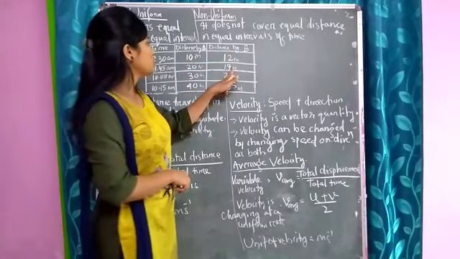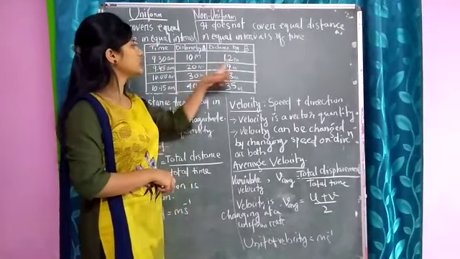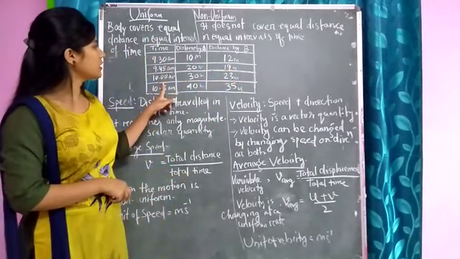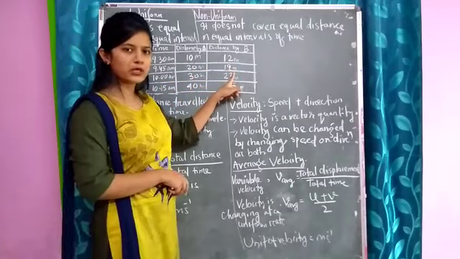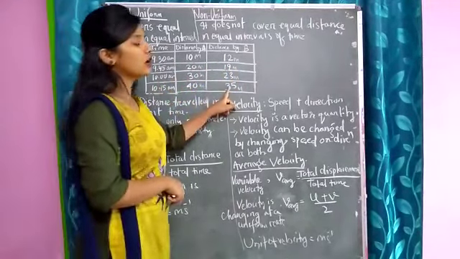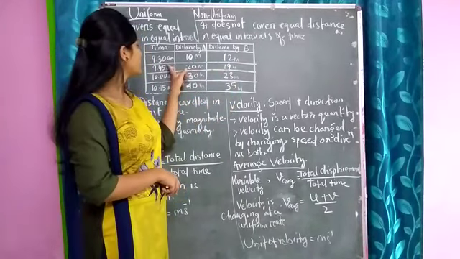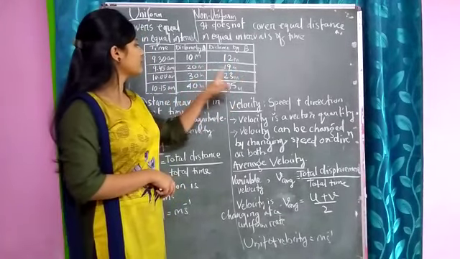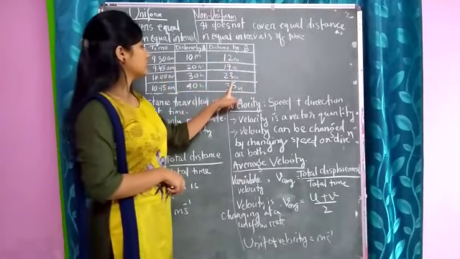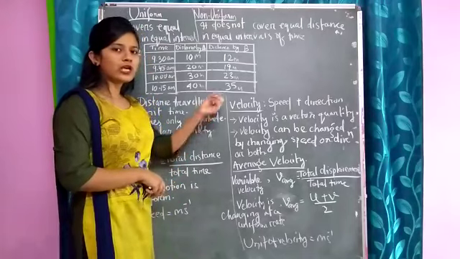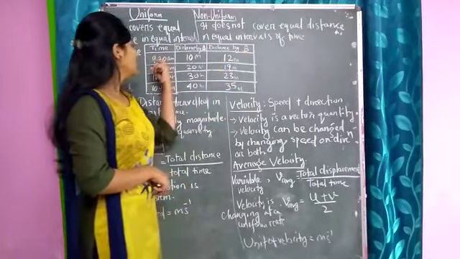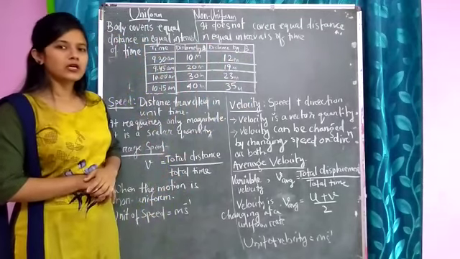For the first 15 minutes it is covering 7 meter. For the next 15 minutes it is covering 4 meter. For the next 15 minutes it is covering 12 meter. So equal distances have not been covered by body B in equal intervals of time.